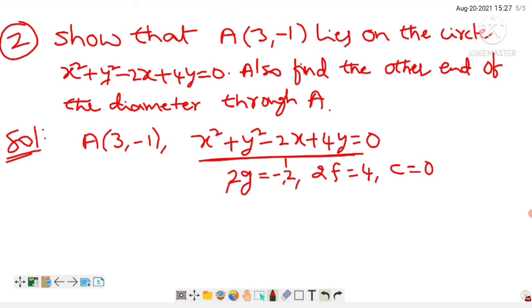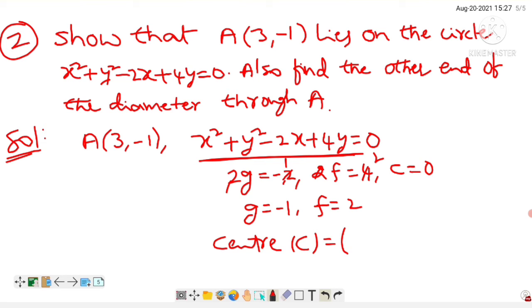So g = -1, f = 2, and the center C is (-g, -f). Since g = -1, -g = 1, and f = 2, so -f = -2. This is the center.